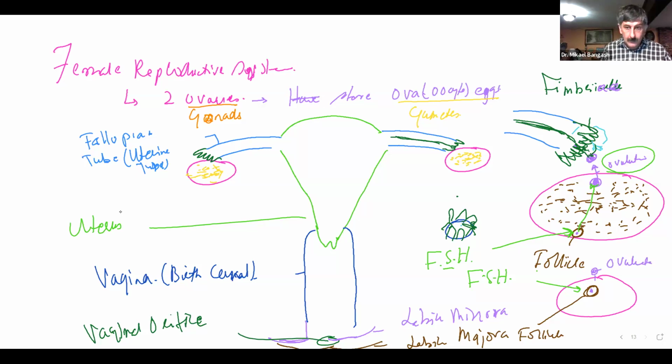What is remaining after that of the follicle just remains as a structure called the corpus luteum, which is going to produce estrogen and progesterone to prepare the uterus for a possible fertilized ova being on its way.